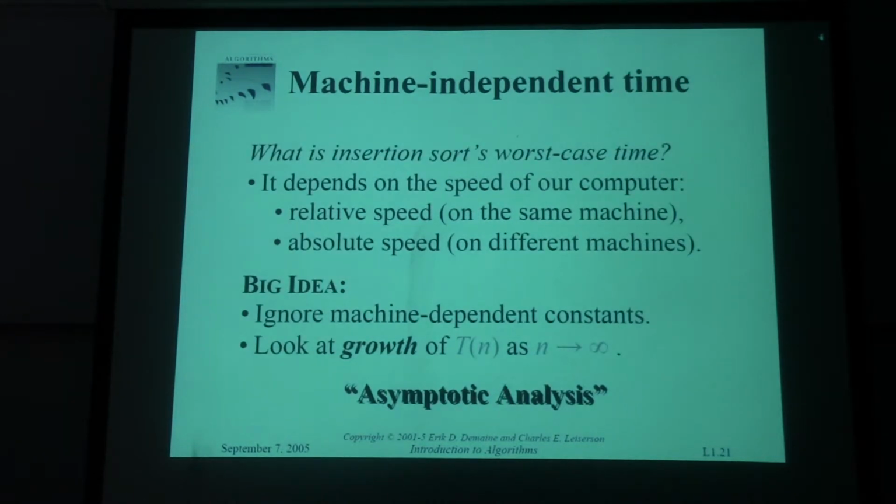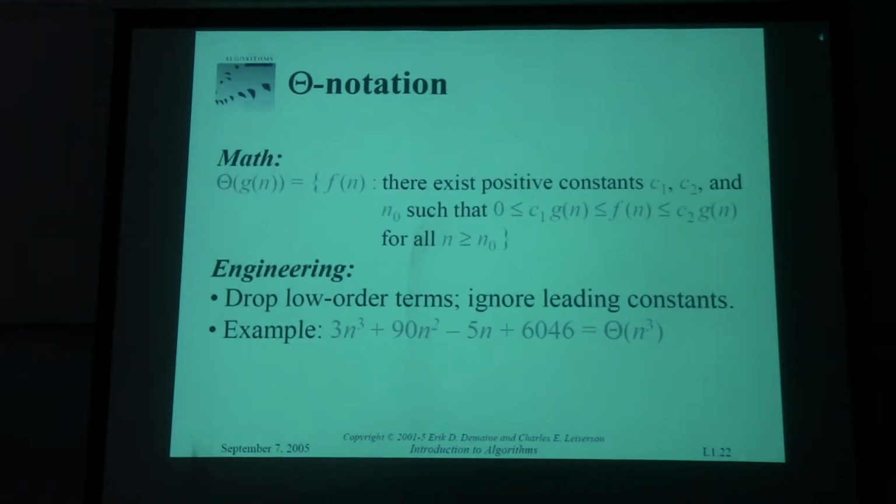All right. Now, of course, running time is dependent upon your computer. That's why we are more interested in this asymptotic analysis, which is T of n as n is getting large, as n moves towards infinity. And that's our theta notation. Theta notation is a proportional notation.